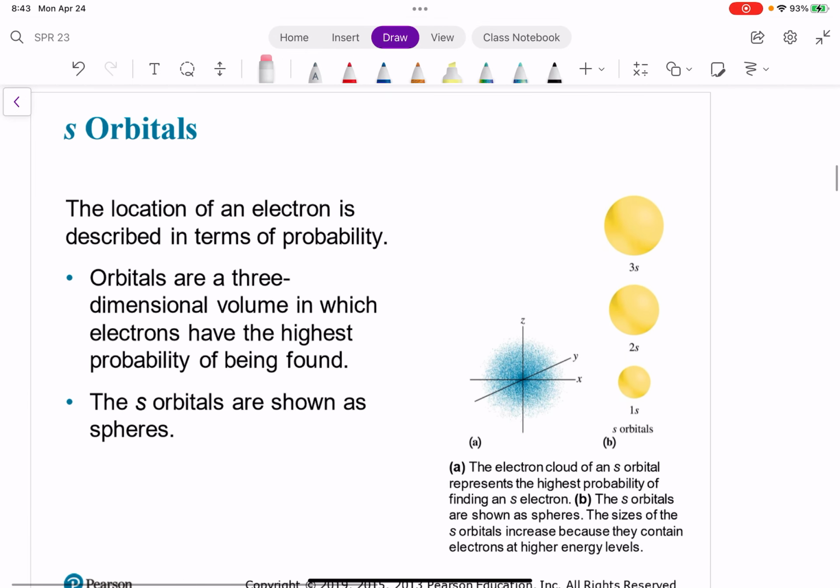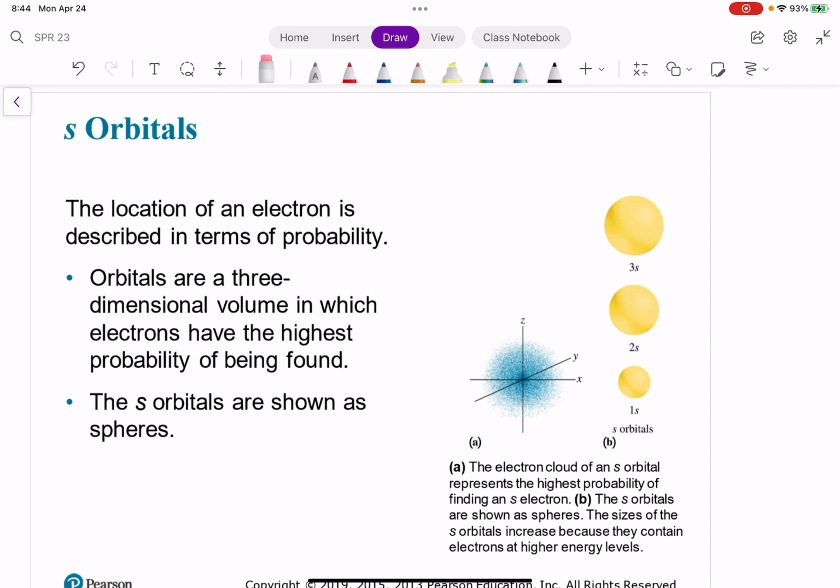So what the heck is the S sublevel, or the P, or the D, or the F? The big idea, remember we said that electrons are really, really important. So scientists want to know where we can find those electrons in an atom at any given time. But we can't, because they're so tiny. There's no way of knowing the exact location of an electron in an atom. There is a way of knowing where it probably is.